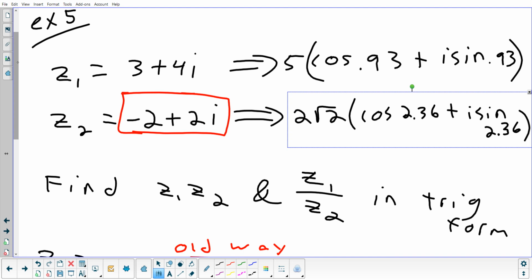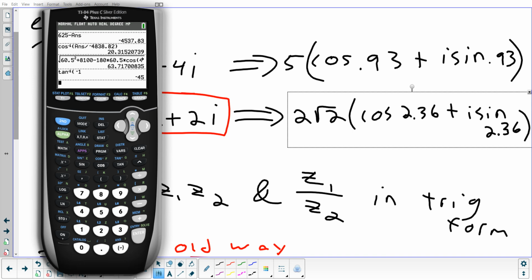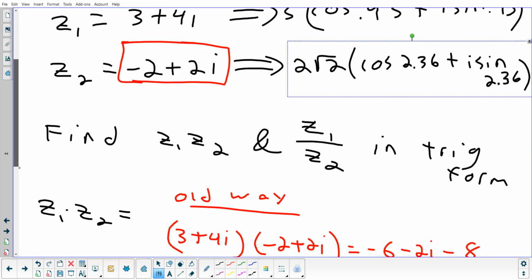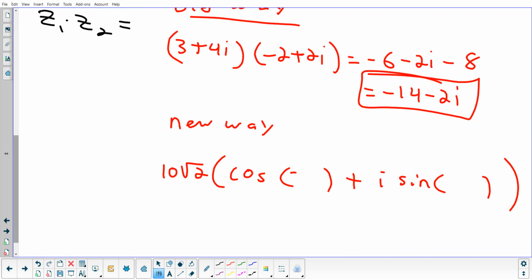Add them together. 2.36 plus 0.93 is 3.29. And that's the answer the new way. That's all we have to do: multiply the radii and add the angles.